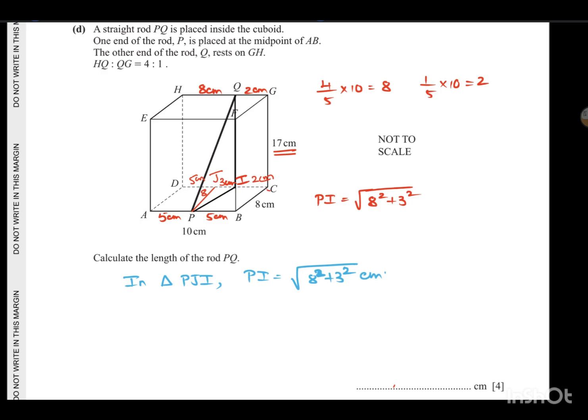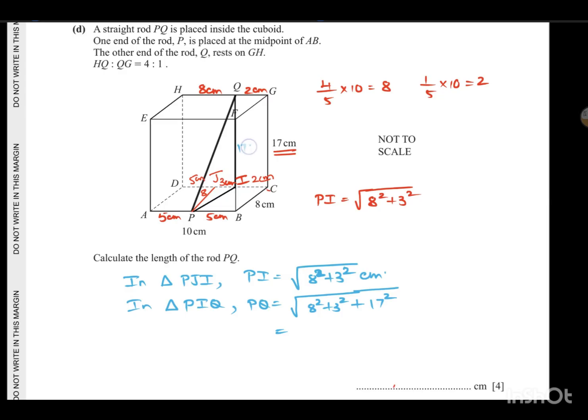Now after getting PI in triangle PIQ, PQ will be equal to, now PQ is the hypotenuse, so hypotenuse is equal to square root of the sum of the squares of the other two sides. So 8 square plus 3 square plus 17 square. QI is 17 because it is parallel to GC.